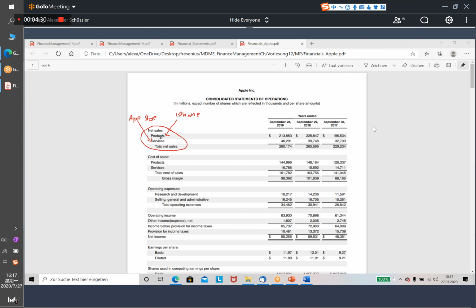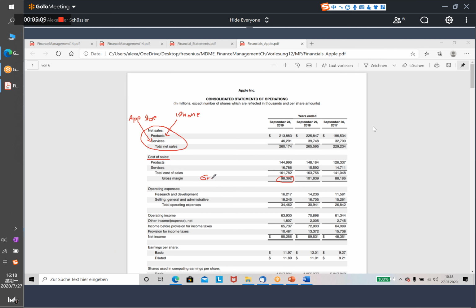So then we have cost of sales. This is the costs that are directly related to the products or the services. And here this is the gross profit.